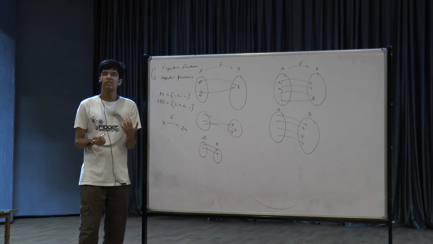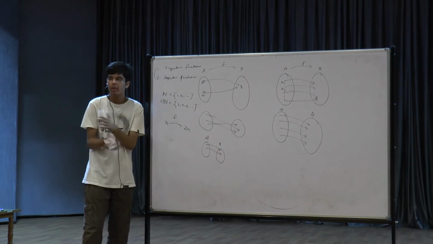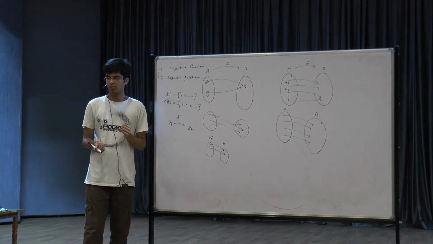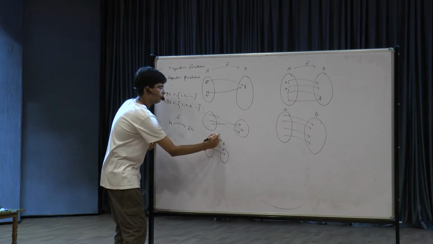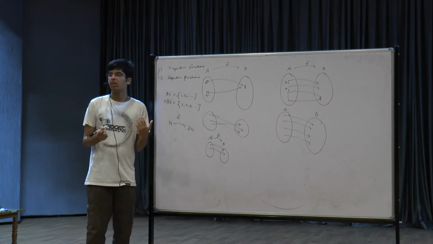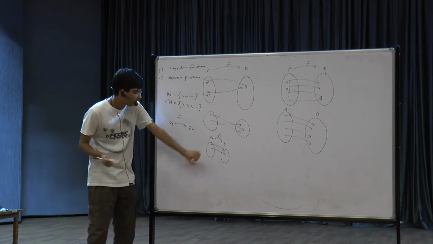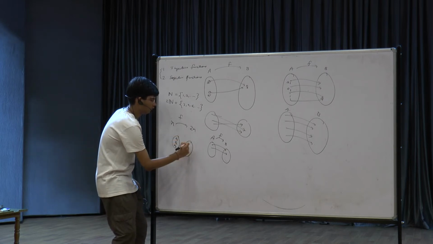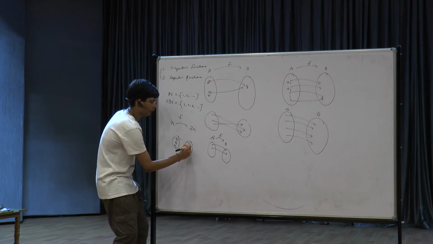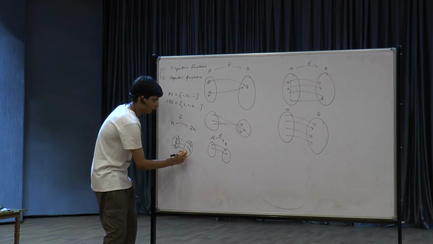So what this says is that A is basically the same as B up to some rewriting. If you can show that there is some bijective function between A and B, then A and B have the same number of elements. Look at this: you have A1, A2, A3, and A1 goes to something, let's call it B1, A2 will go to something different, B2, A3 will go to something different, B3.